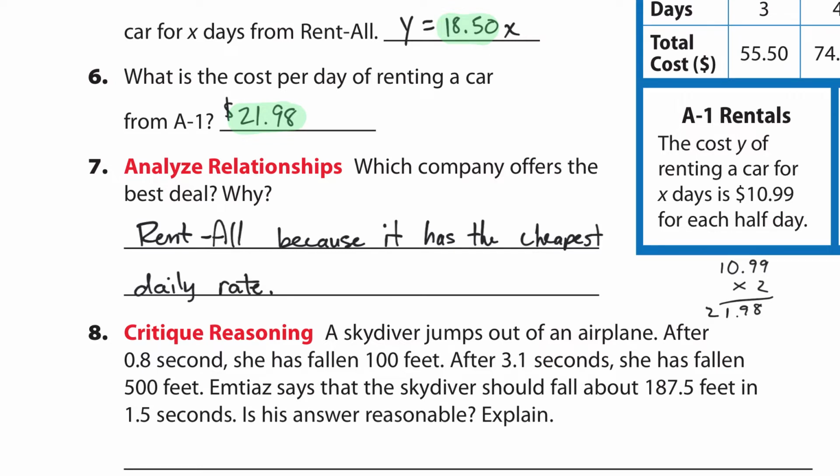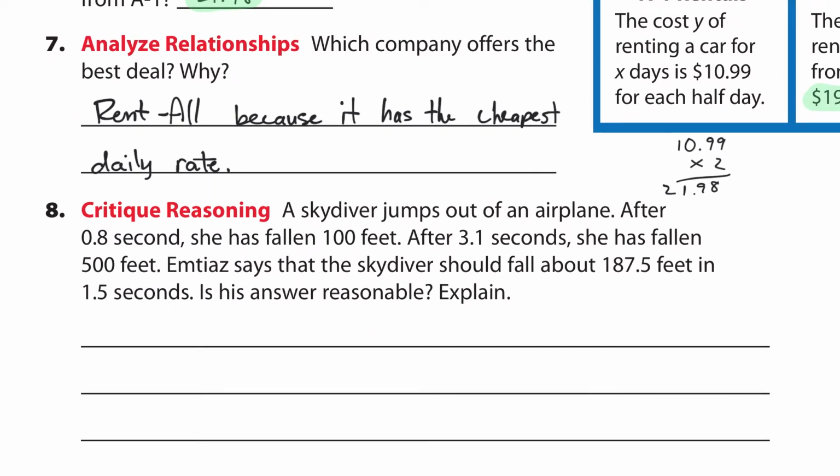Okay, the next question is number 8, and it says a skydiver jumps out of an airplane. After 0.8 seconds, she has fallen 100 feet. After 3.1 seconds, she has fallen 500 feet. Emily thinks the skydiver should fall about 187.5 feet in 1.5 seconds.